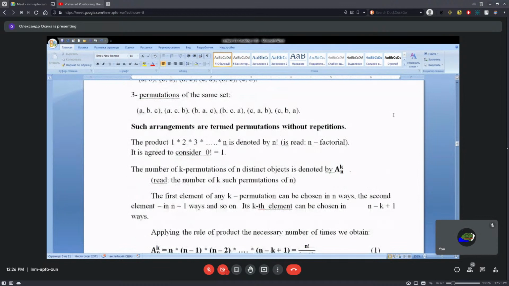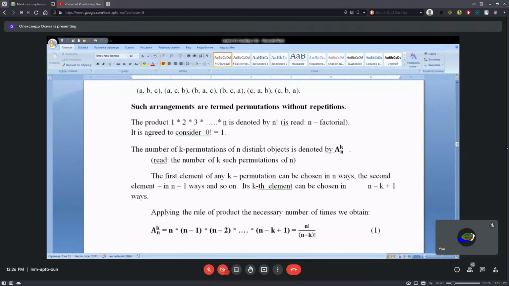And I remind you that the product 1 by 2 by 3 by and so on by n is denoted by n factorial, read n factorial. It is agreed, and you will see soon why, to consider 0 factorial to be equal to 1.